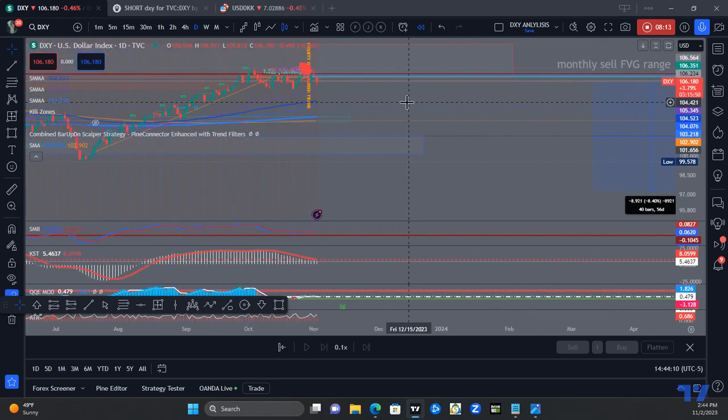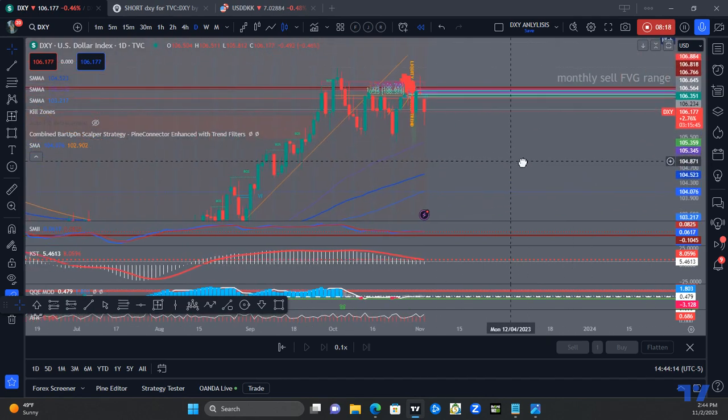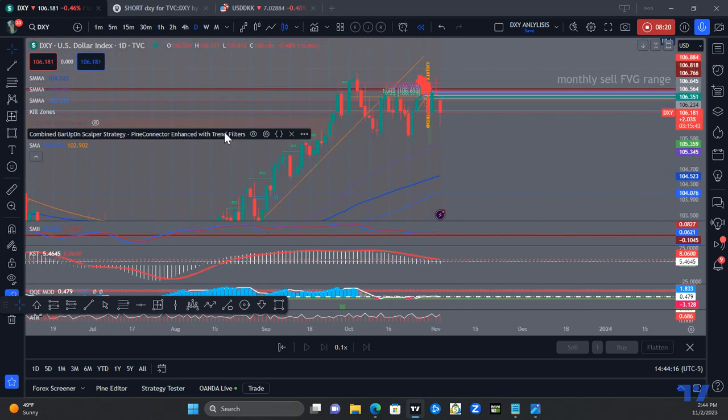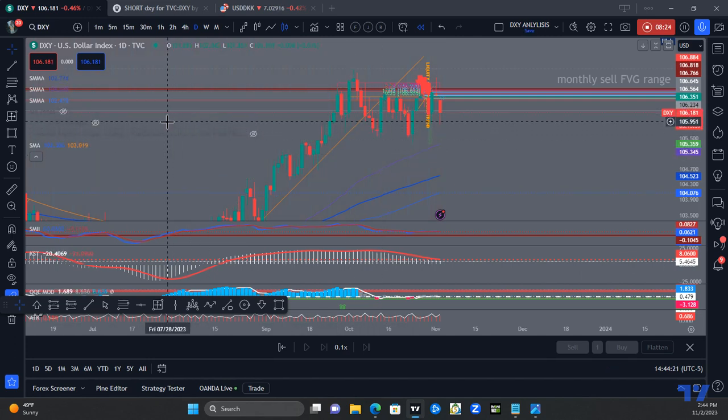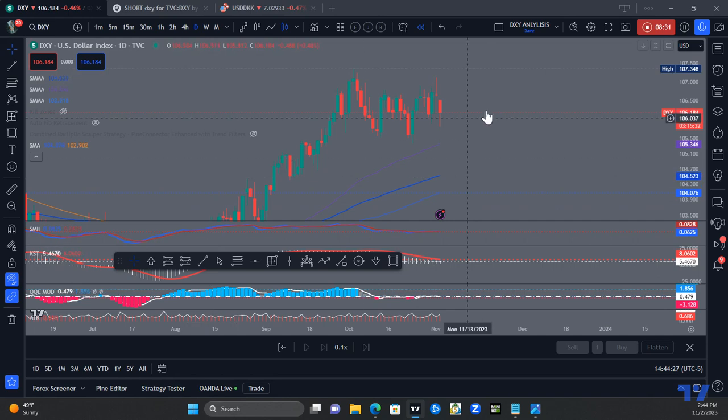So we're going to show you guys the price action around my areas and with my strategy.